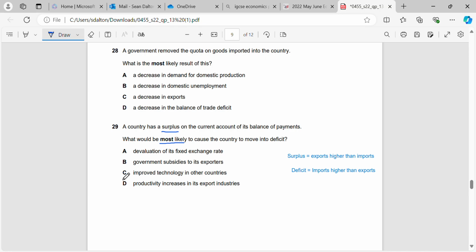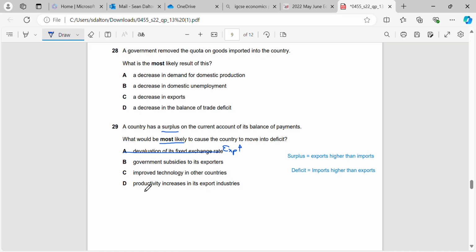Now in the first one, if we have a devaluation of its fixed exchange rate, what's that going to do? That's going to cause the export prices to go down and the total value of the exports to go up. So that would not move us into a deficit. In fact, that would increase the existing surplus that we already have.